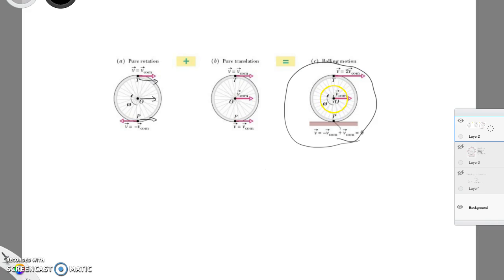The center of mass of the object rolling is moving with the same velocity as the translational velocity of the object. And then this piece up here at the very top is going to have twice the velocity of the center of mass. Okay, the piece up here is moving twice as fast as the center.